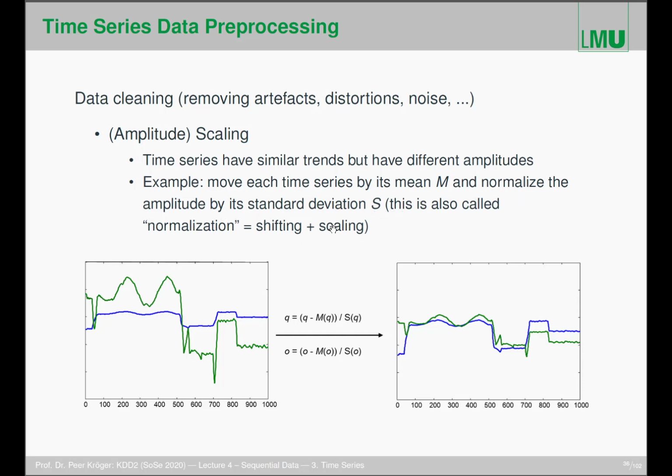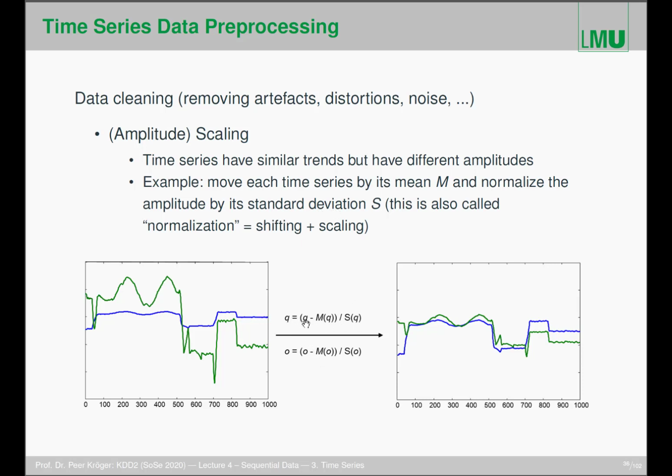So this is a so-called normalization, which is a shifting and a scaling. The shifting is done using the mean, like before, and the scaling is done using the standard deviation typically. Here you see the formula.